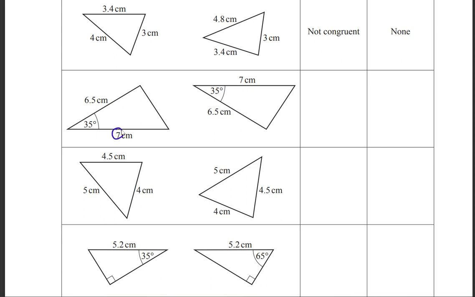This is 7 centimeter and 6.5 centimeter, and between them 35. Here 7 centimeter and 6.5 centimeter, and between them 35. So here very clear that they are congruent. Why? Because the angle is included between the two sides. So this is congruent, and the condition is SAS.